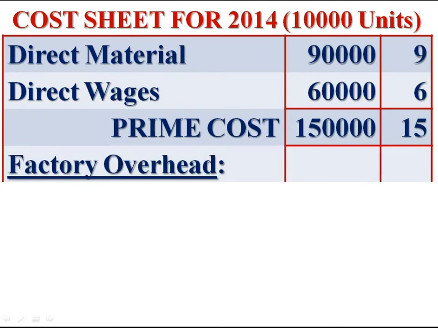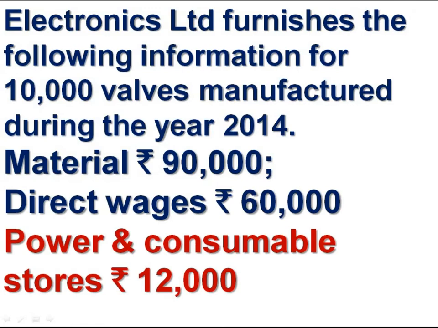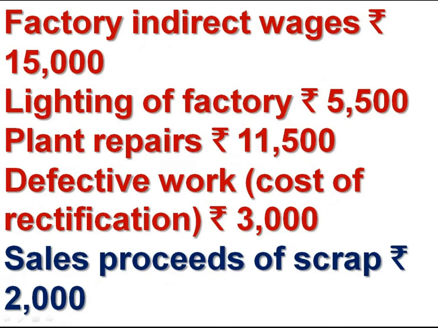Add factory overhead. We are given first power and consumable stores, second factory indirect wages, third lighting of factory, fourth plant repairs, and fifth defective work cost rectification. These 5 items are factory overhead. Add them.